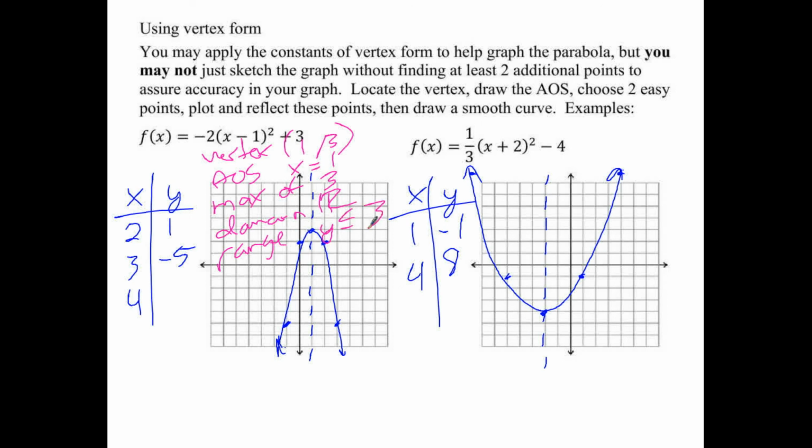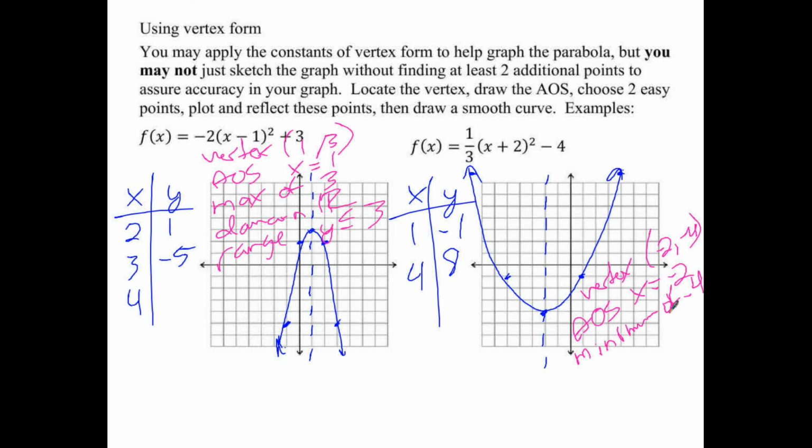Good. And this last one, vertex. Okay, -2, -4 is right. And axis of symmetry: x equals -2. And then a minimum of -4, the y coordinate of the vertex.